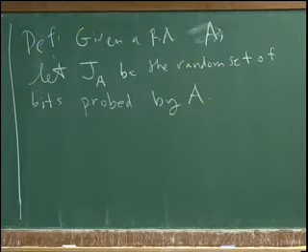You might get lucky and ask just a small percentage and know the answer, and you simply let J_A be the random set of the bits which are asked by the algorithm. This is a random set.